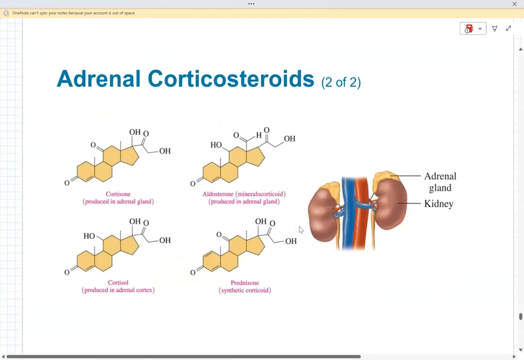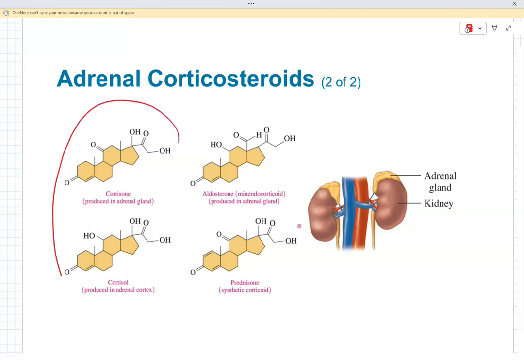So these are adrenal corticosteroids. These two are slightly different forms of cortisol. Okay? Those are chronic stress hormones. And I want to highlight chronic stress. Am I making sense?